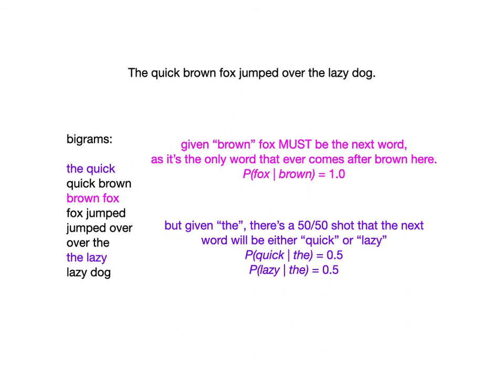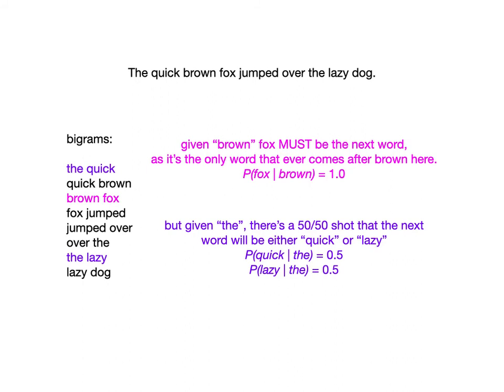So if brown is the word that we're on, get into that predictive text mindset. Brown being the first word, what do we think the probability is of the next thing? The only time brown occurs as a first word in the bigrams in this set is right before the word fox.